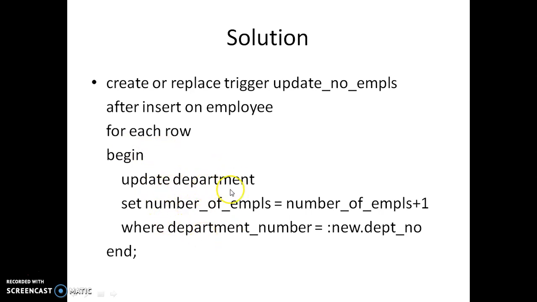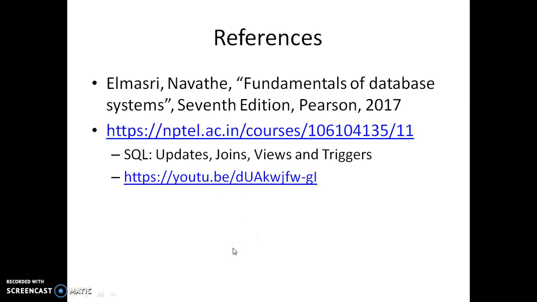We need to update the department table and set the number of employees field as number of employees plus 1. And to which row should this update happen? To the department where the new employee has been added. Now how are we going to access that new employee's department number? We need to say :new for the department number. And this particular field actually belongs to the employee table. So these are the references.